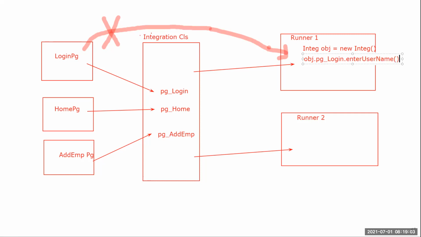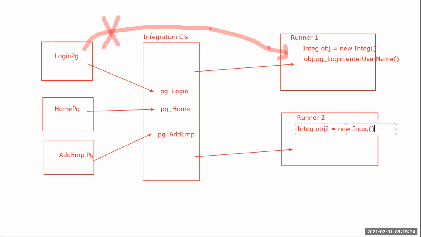Enter username. So I don't have to worry about having a different naming convention. Whether I write it here or here, I'll have the same pg underscore login. For example, I'm writing here, and I'll also write obj2 is equals to new integ.